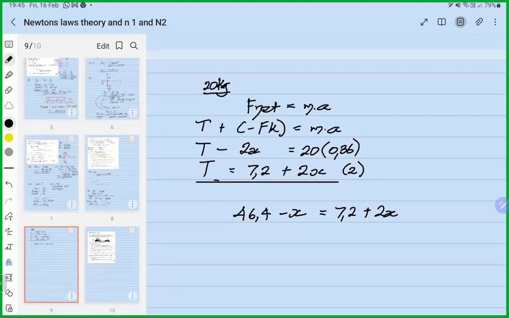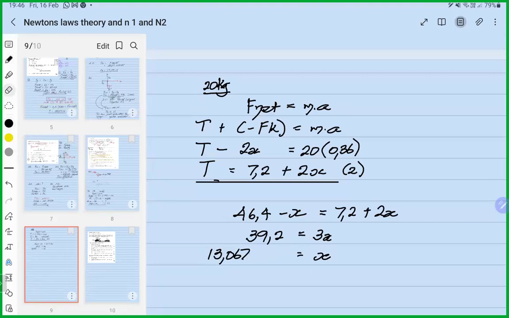What's that? 39.2. Just double check, please. Yes, sir. Is equal to 3x. Divide both sides by 3. 13.07. Yes, sir. 13.07.